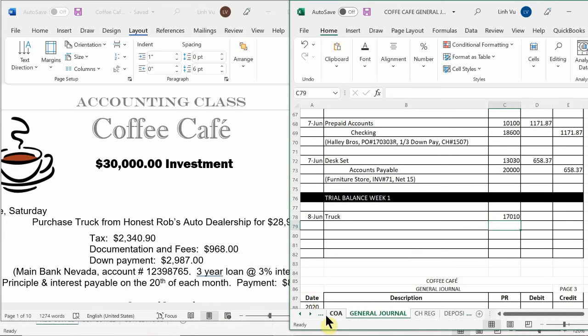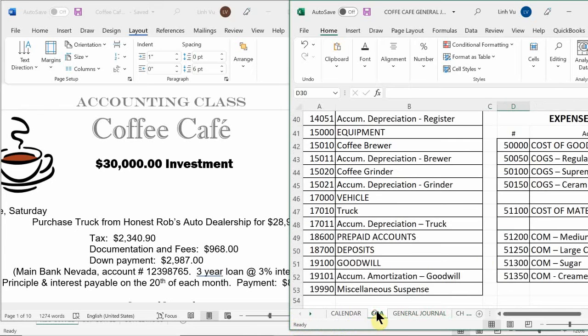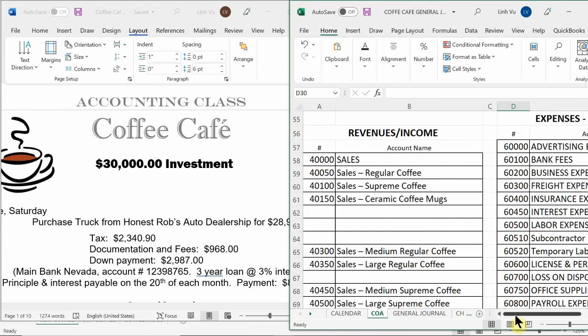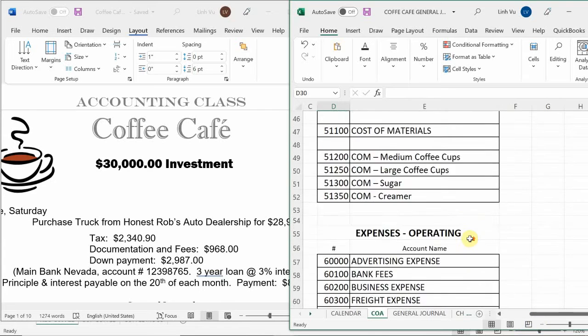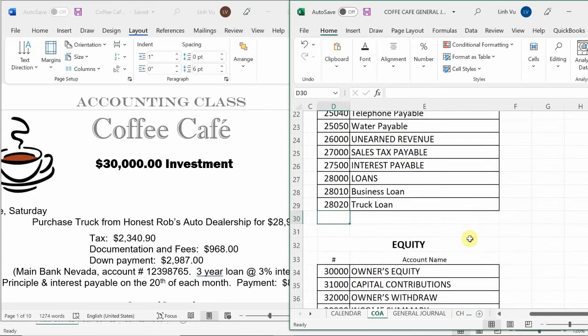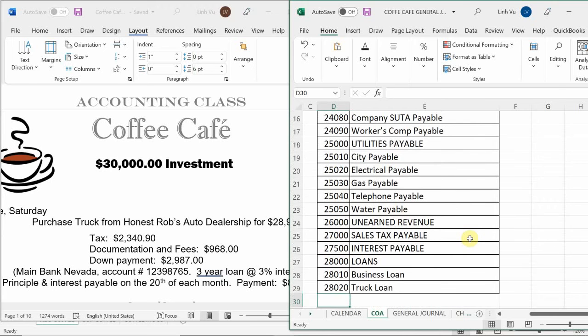So in this case, let's take a look at our liabilities. What is going to be my loan? 2800 is just my general loans account.